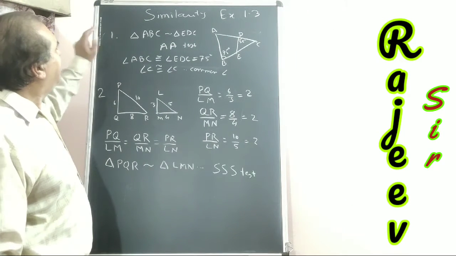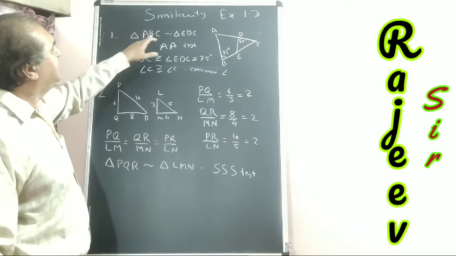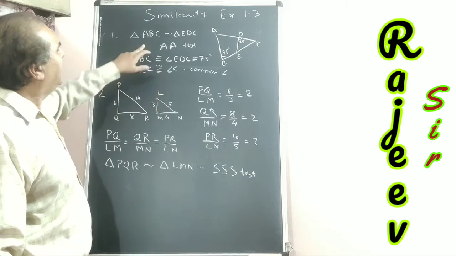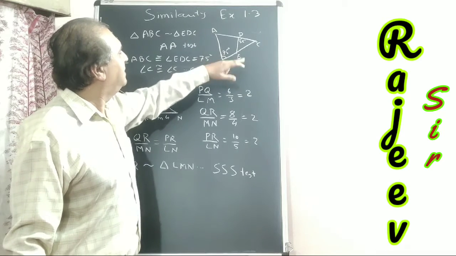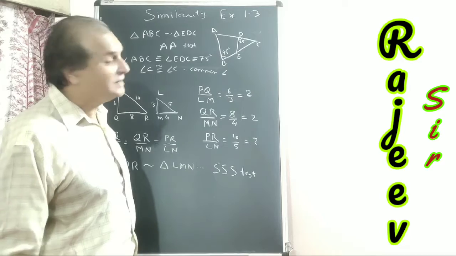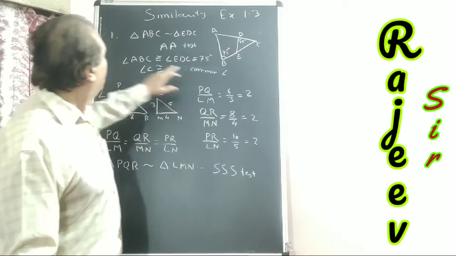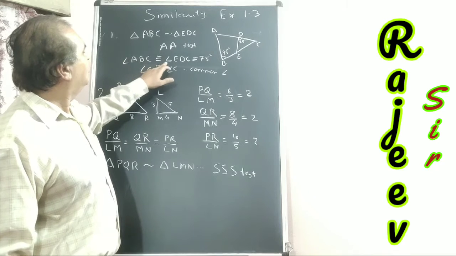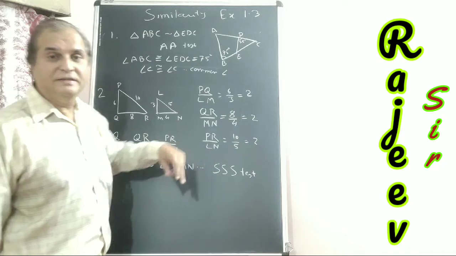The first one is very simple. Triangle ABC similar to triangle EDC by the AA test. How? See, the figure is given, triangle ABC and EDC. You are asked which two triangles are similar. So in ABC and EDC, angle ABC is congruent to angle EDC, both 75 degrees, given.